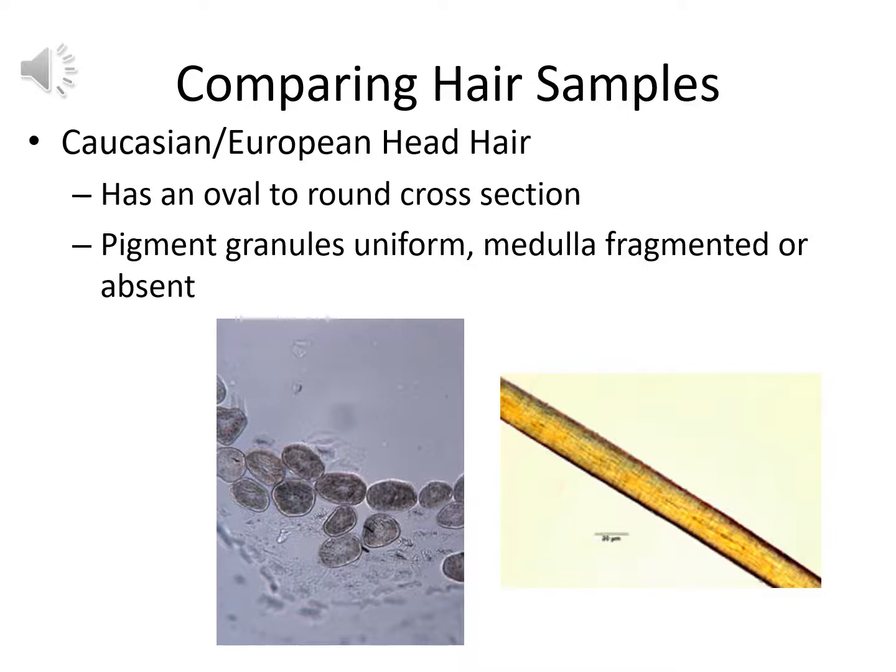And finally, for the groups that we'll discuss here, we have Caucasian or European head hair, and this one's going to have an oval to a round cross section. You're going to see more uniform pigment granules. The medulla, just like African descent hair, is more likely to be fragmented or absent, whereas the Asian head hair is most likely to give rise to that continuous medulla.